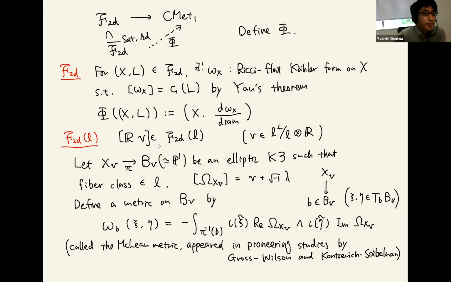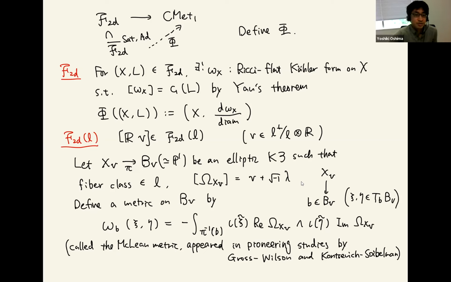And for such V, we can define an elliptic K3 surface such that the fiber class belongs to L, the isotropic line, and the period of this K3 surface is V plus i lambda.